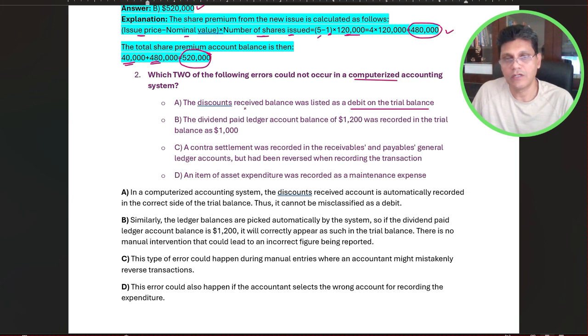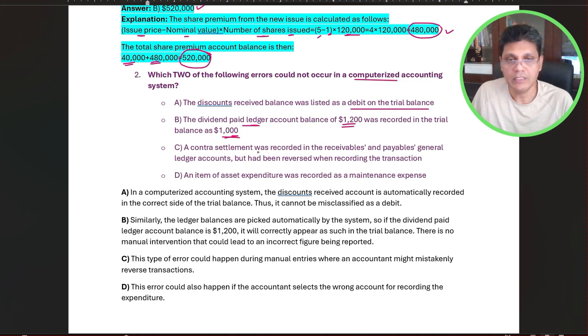The second one, dividend paid ledger account balance of 1,200 was recorded in the trial balance as 1,000. Is it possible in a computerized accounting system? So this is what we need to answer.